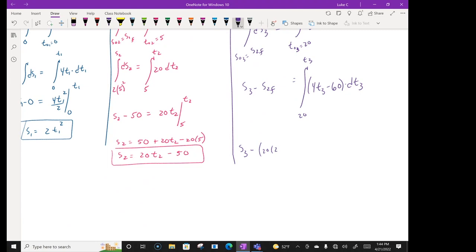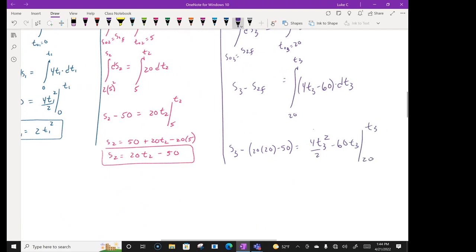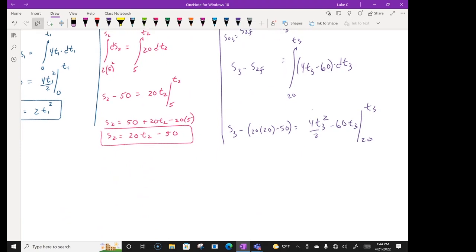Uh, 20, right? Four T3 squared over 2 minus 60 T3, from 20 to T3. So this one gets a little trickier, right?